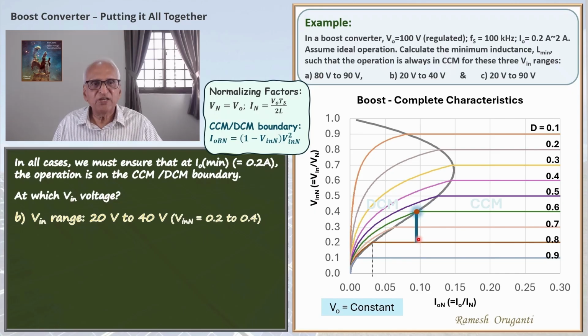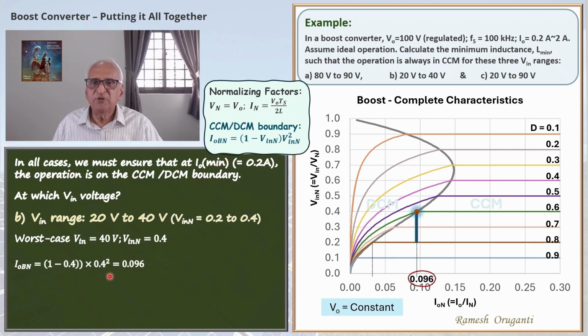The corresponding ION is here. The worst case Vin is 40 volts, VinN is 0.4. So substituting that here, we will get IOBN as 0.096. And IOBN is IOB by IN, and again that is 0.2 by IN. So IN is in this case 2.0833 amperes.